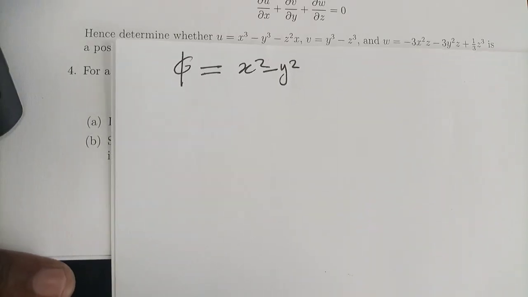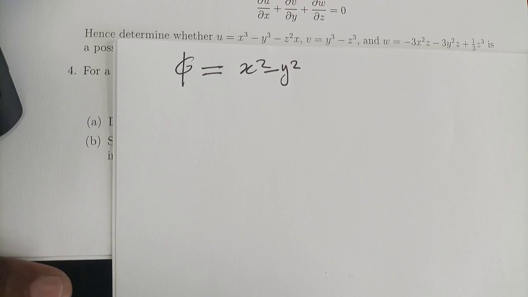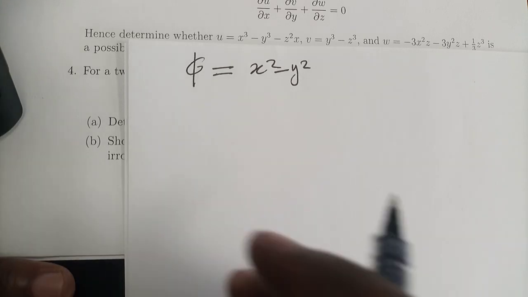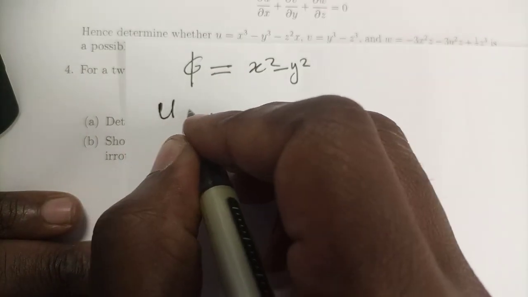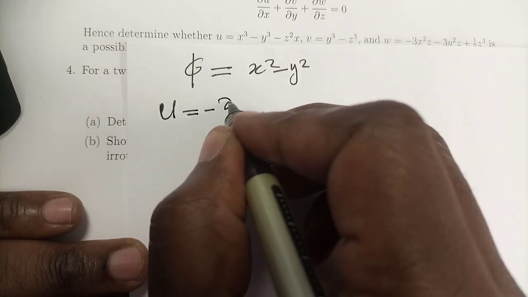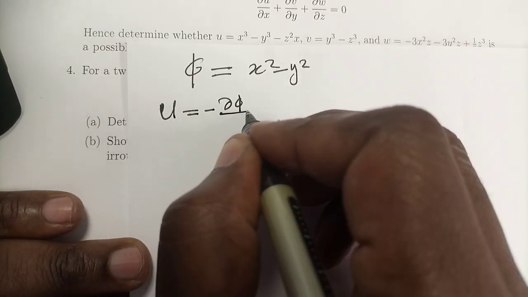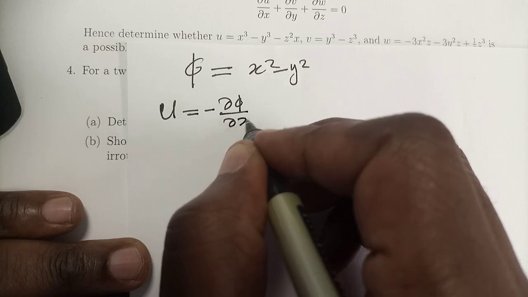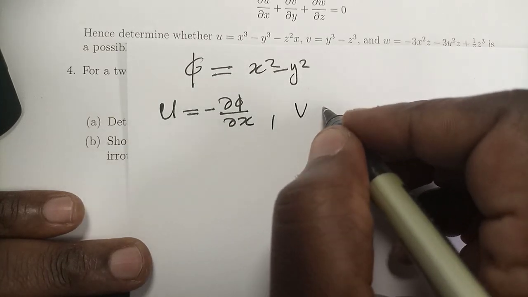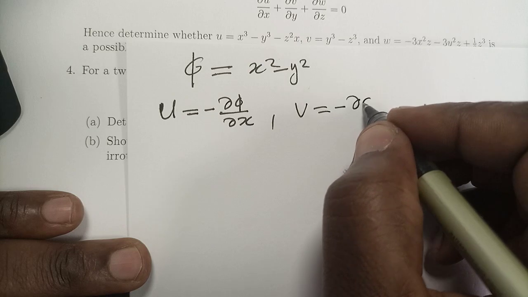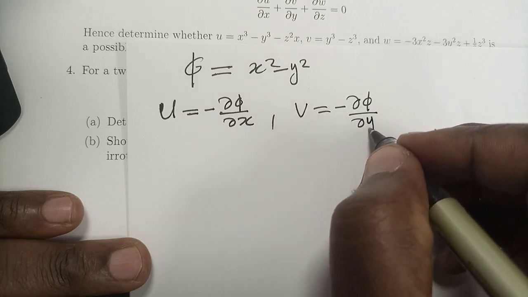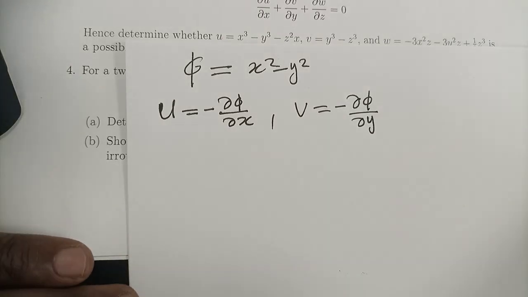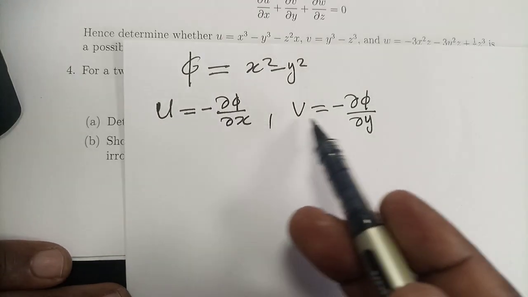So the velocity potential, when you differentiate it, you get the negative derivative of the velocity potential gives you the velocity in that direction, the velocity component in that direction. So we just need to find this.